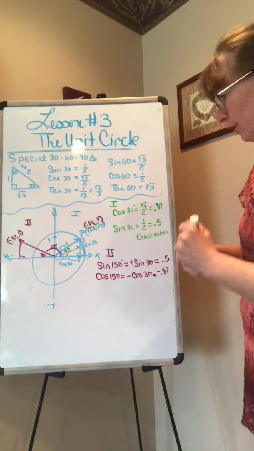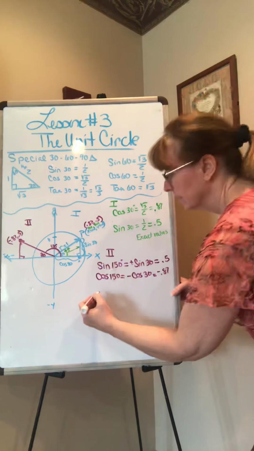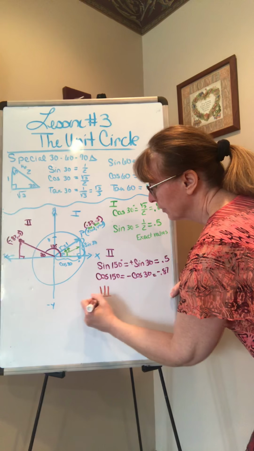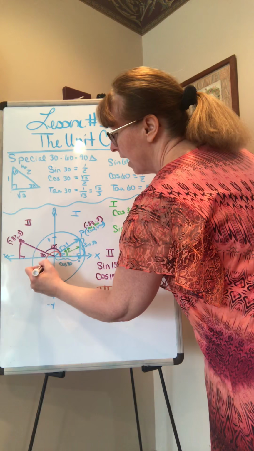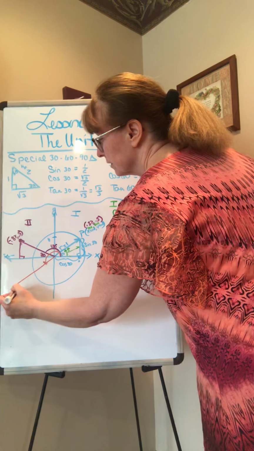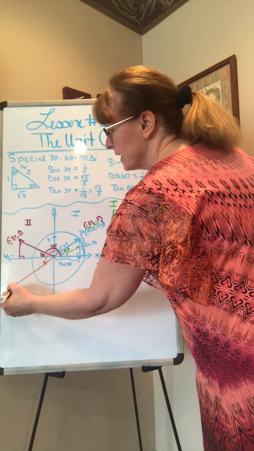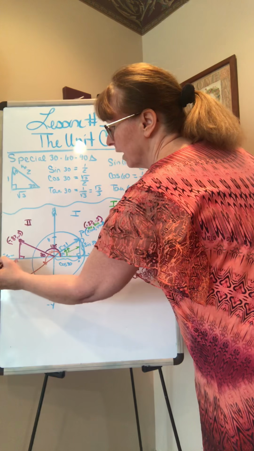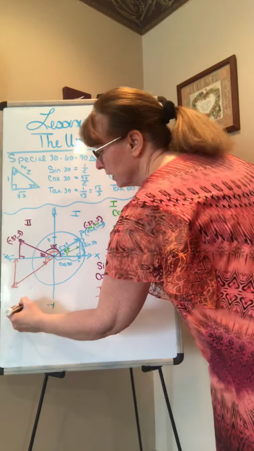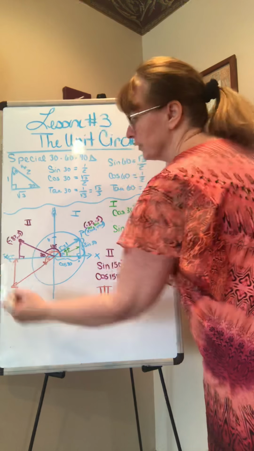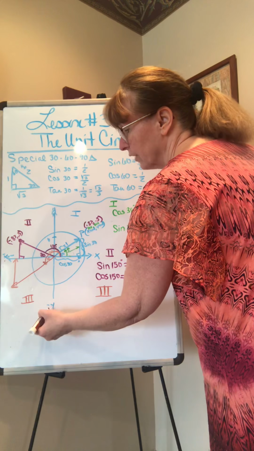If I wanted to go into quadrant 3, if I want a 30-degree reference angle in quadrant 3, this is a 210-degree angle. 210 degrees is 30 degrees beyond my 180. So this is my 30 degrees in quadrant 3. Now in quadrant 3, x, my cosine, and y, my sine, are both negative.